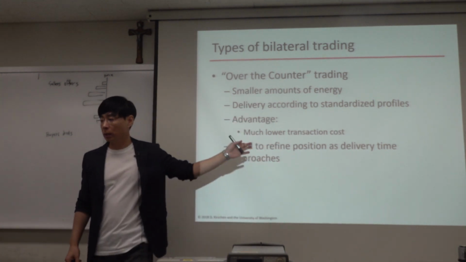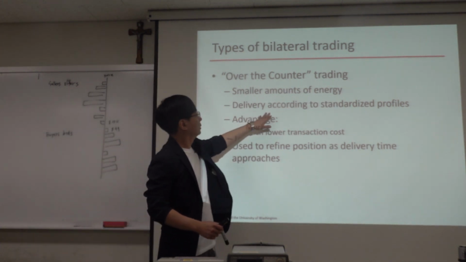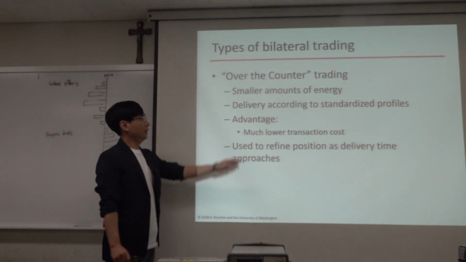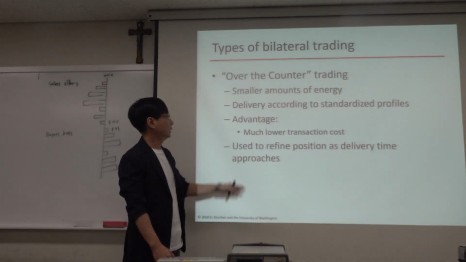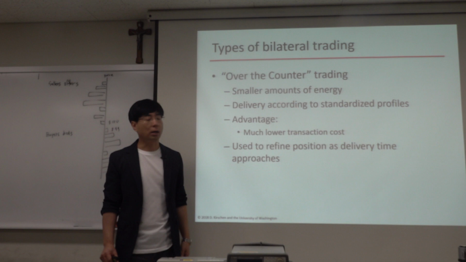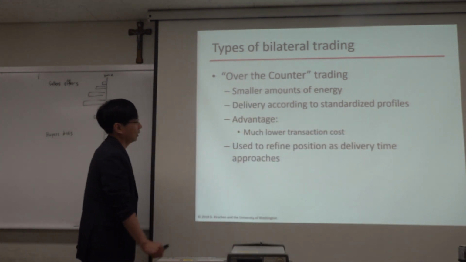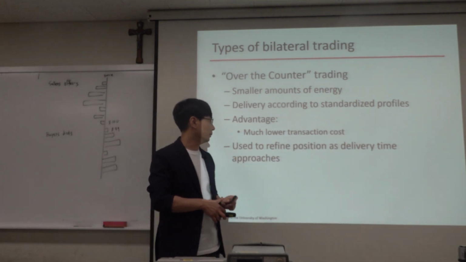So a smaller amount of energy, and delivery can happen according to standardized profiles. Advantage: unlike these customized long-term contracts, it has much lower transaction cost because it is based on standardized profiles. Okay? And it is used to refine positions and delivery time approaches.